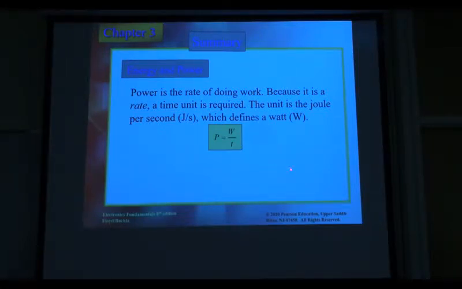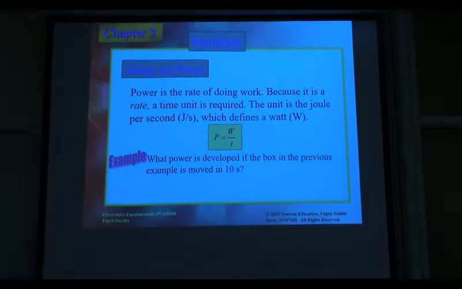That's the same thing here. So the formula for the power is P equals the work or the energy divided by the time. Questions on that?